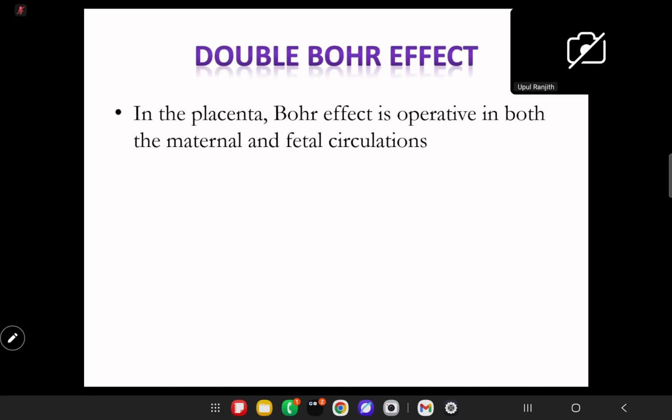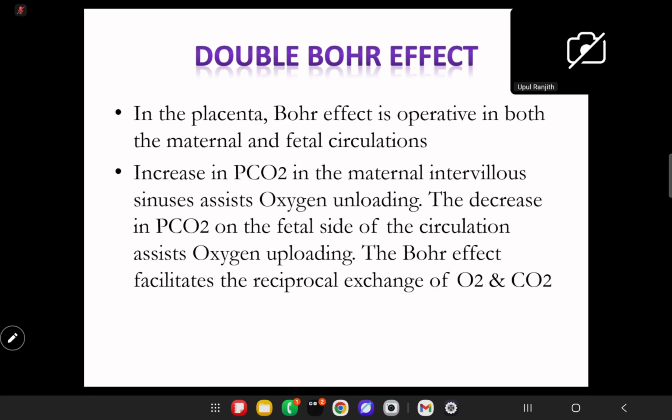Then there is a concept called the double Bohr effect operating in the placenta. In the placenta, the Bohr effect is operative in both the maternal and fetal circulations. The increase in PCO2 in the maternal intervillous sinuses assists oxygen unloading from the maternal side. What happens at the placental bed?